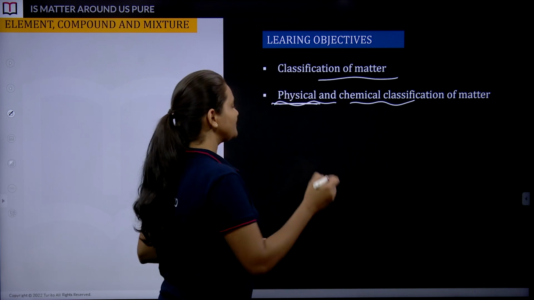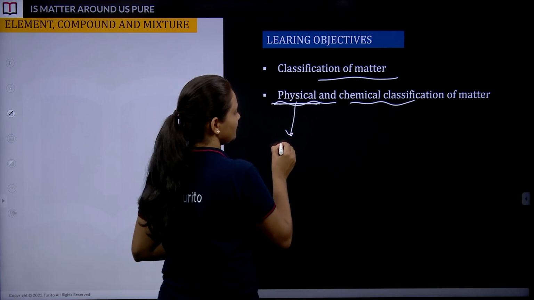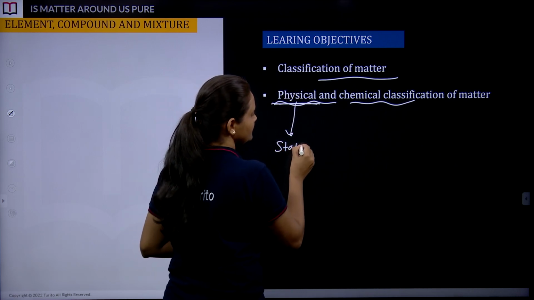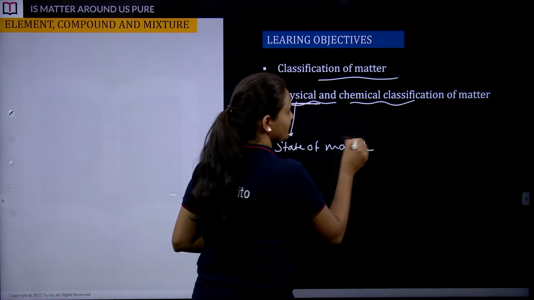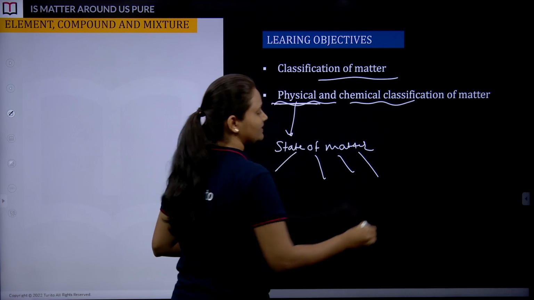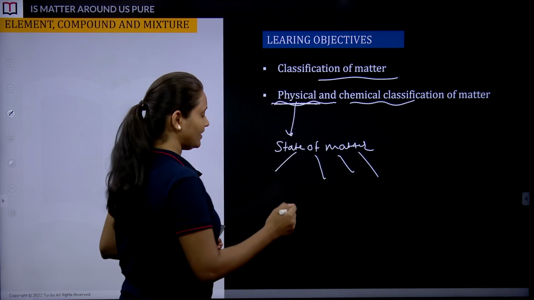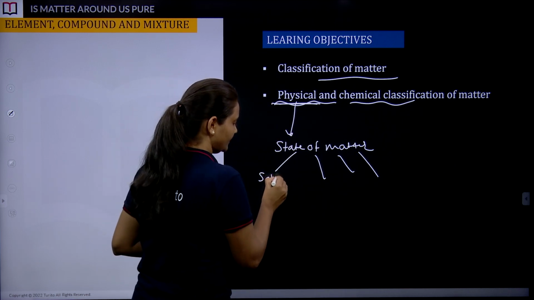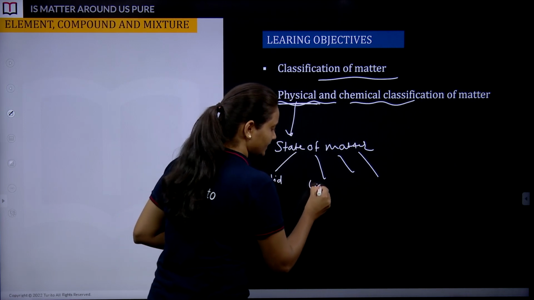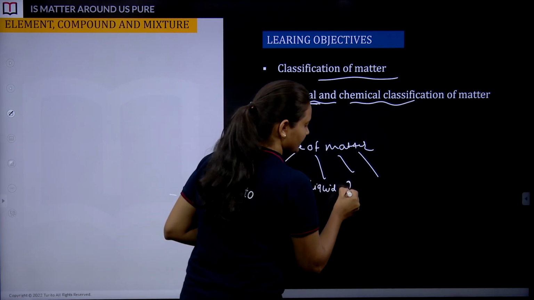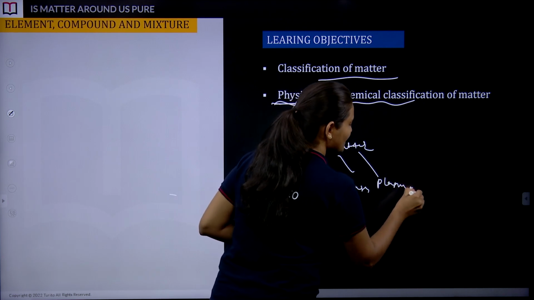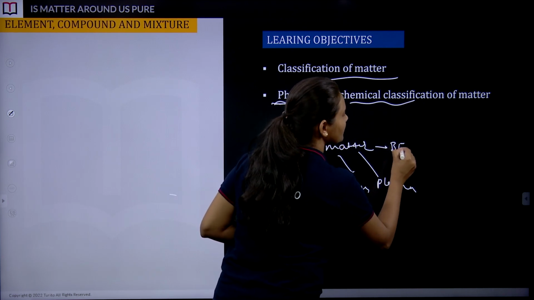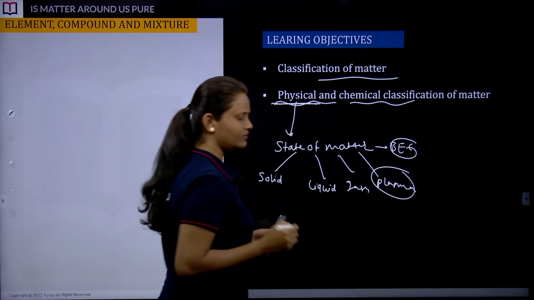So which property did we consider? We considered states of matter, right? Based on this, how many states of matter have we studied? Try to recall. We have studied solid, then liquid, then gaseous substances, then we also talked about plasma a little bit and Bose-Einstein condensate, if you are all able to recall.